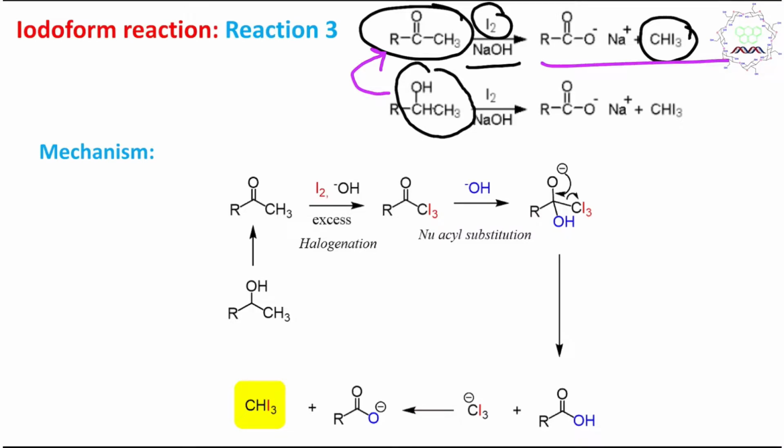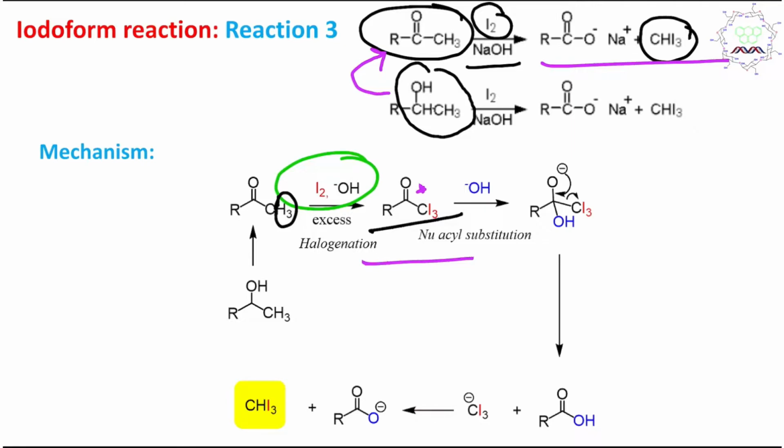By the way, I have already discussed the haloform reaction in detail, so I am not going to explain this here in detail. Just very briefly, first in presence of iodine and alkali, these 3 hydrogens are replaced with iodine, so CI3 forms. After this formation, this carbonyl carbon becomes very much electron deficient.